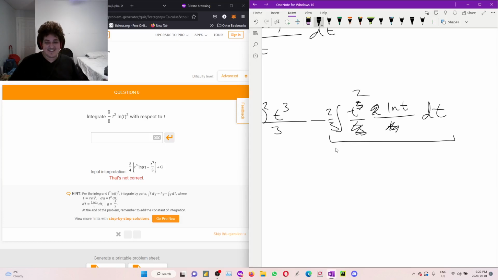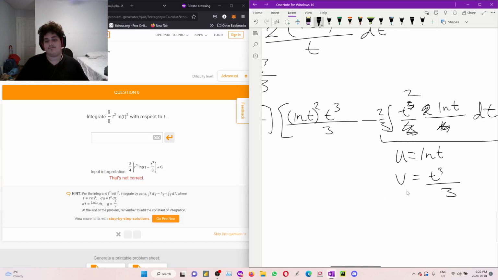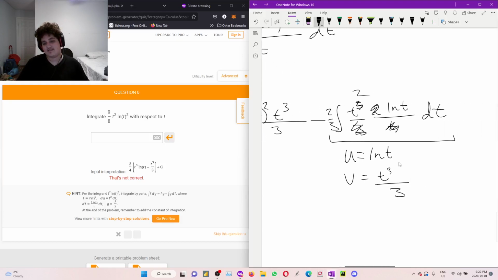So we have our u equal to ln t and dv equal to t squared dt, so our v is just going to be t cubed by 3, which is what it was last time.